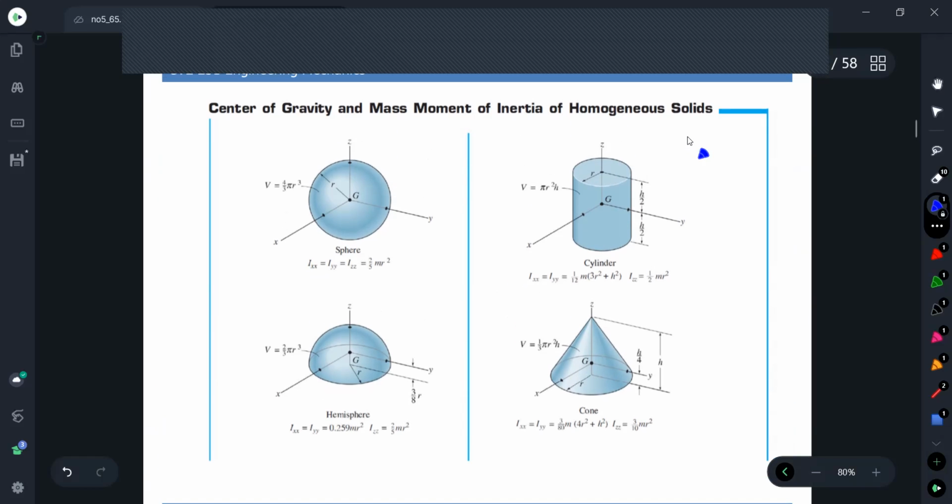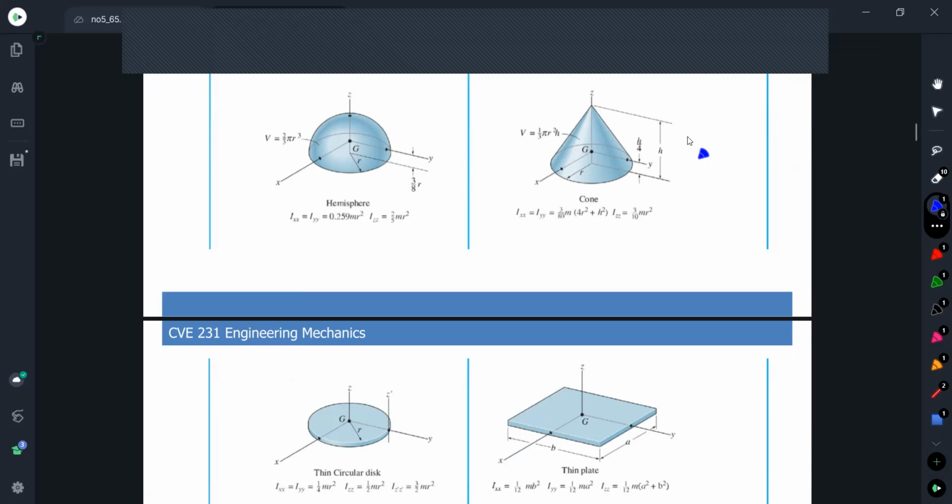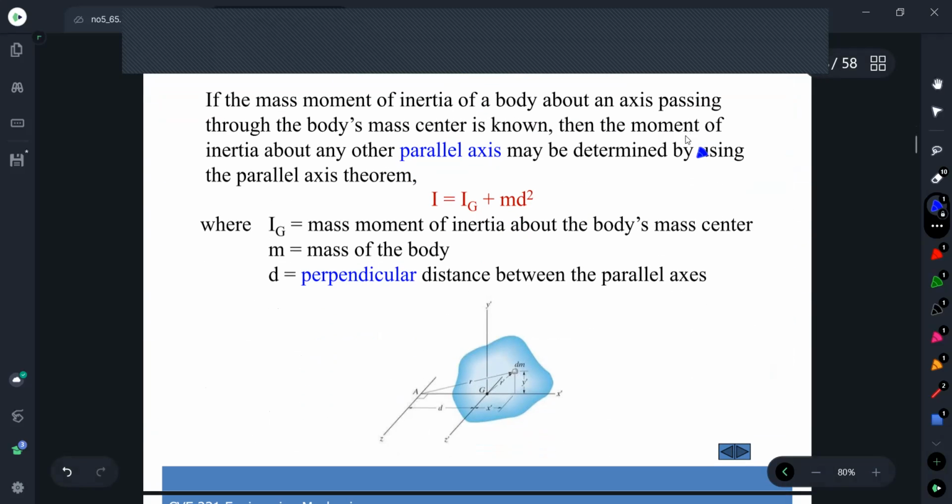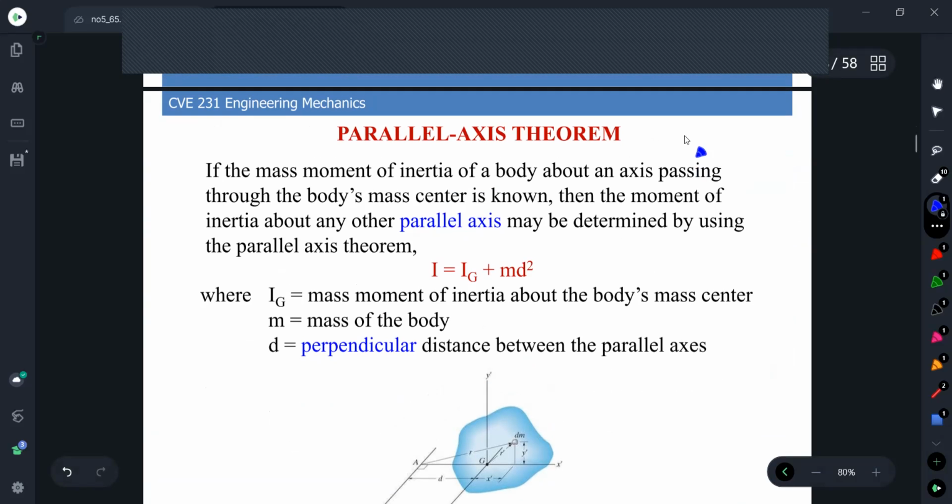We will use these formulas with the parallel axis theorem that we learned in statics, in the topic of area moment of inertia. It is quite the same; the parallel axis theorem for mass moment of inertia is the same.